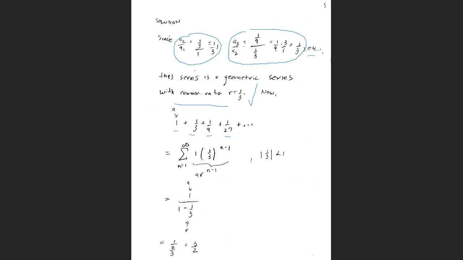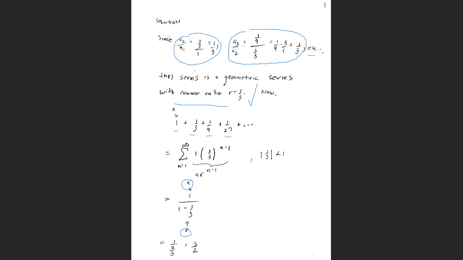And this is going to give what's called a geometric progression of terms. And there's a formula in the book that says if you have a convergent geometric series, the sum of that geometric series is going to equal A divided by 1 minus R, the common ratio.